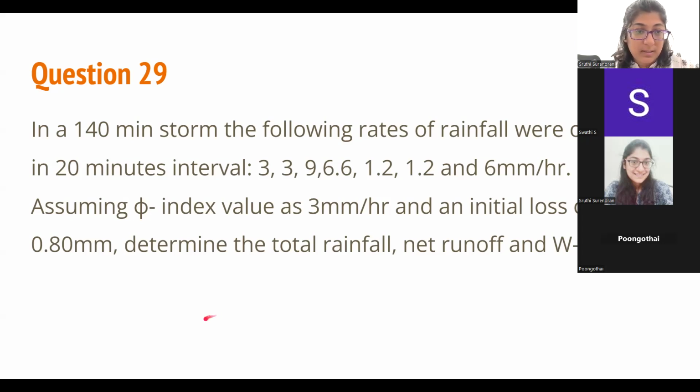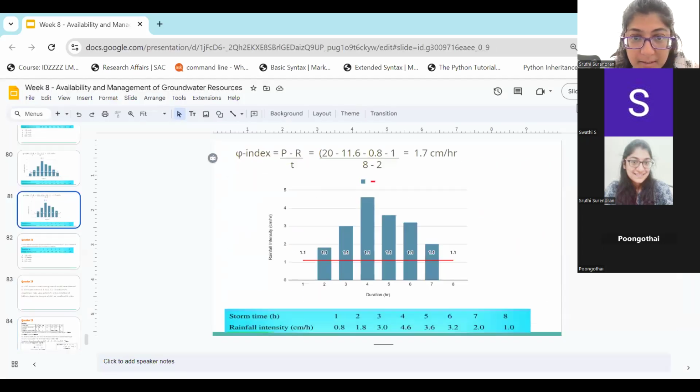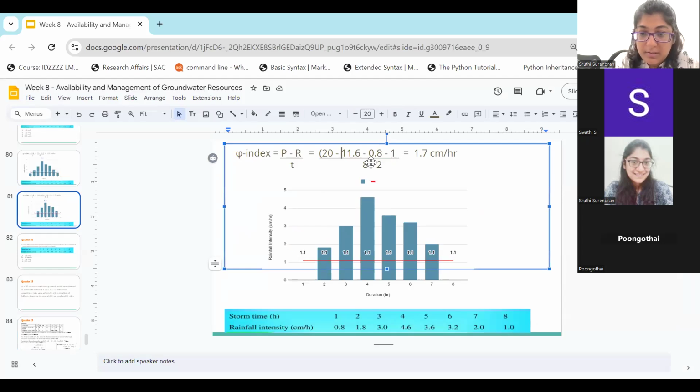You have to put in the correct calculation. This is not how you have to do it. This is how you have to do it. The bracket comes here. So in this case, it will be 11.6 minus 0.8 minus 1, you will get 9.8.